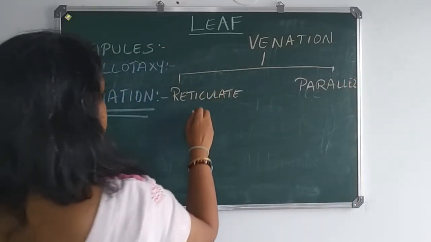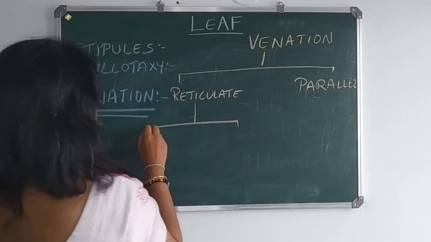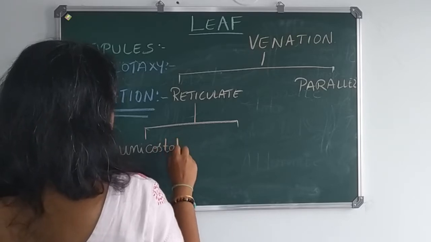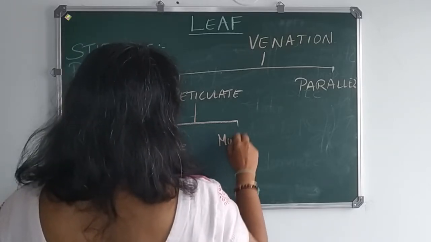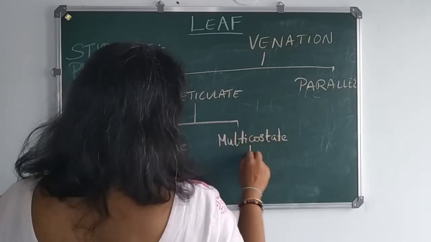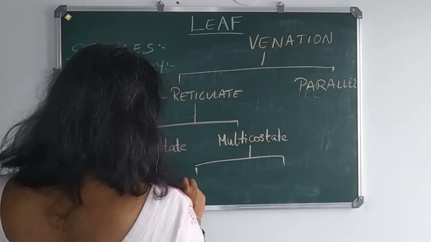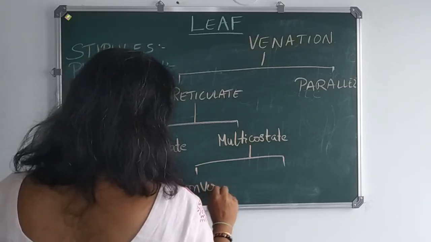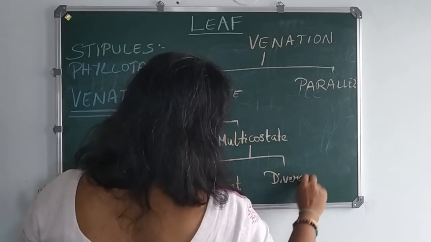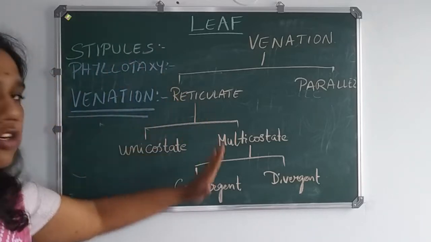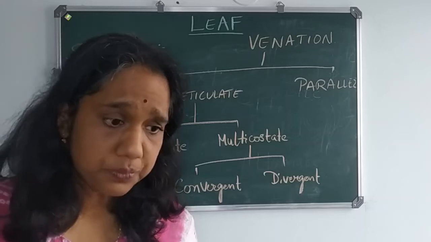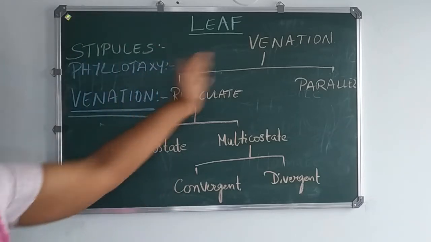Under reticulate venation, we have two types: unicostate and multicostate. The multicostate is further divided into convergent and divergent. So first we will look into the reticulate venation and then we will go on to the parallel venation.